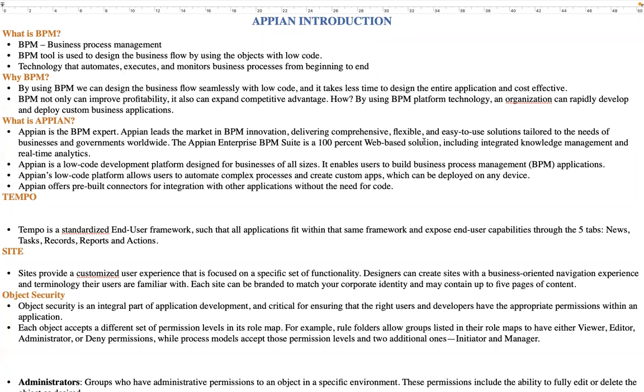You just need to understand the concepts, and there are a lot of job opportunities currently. The resources are less and the job opportunities are very high. There are more jobs and fewer people working in Appian, so every organization needs an Appian developer currently.